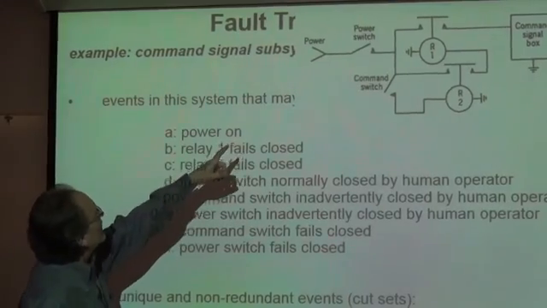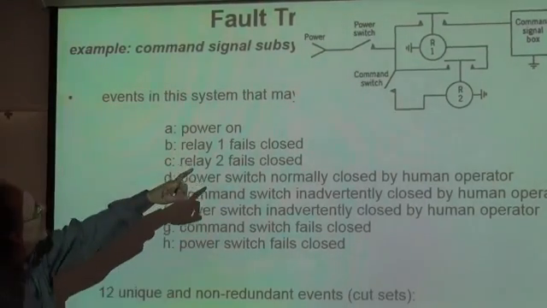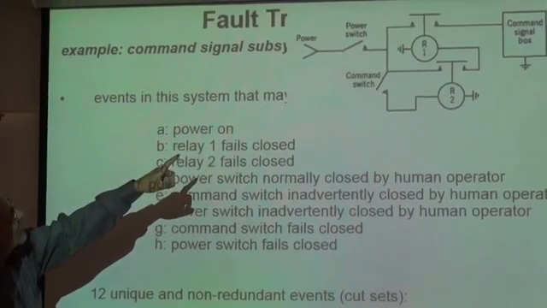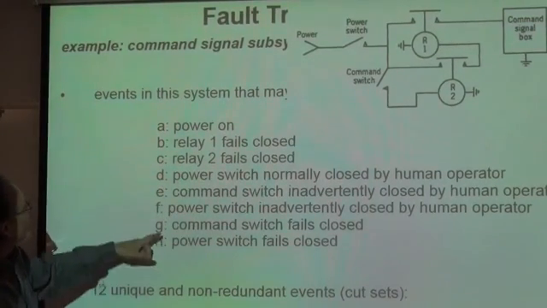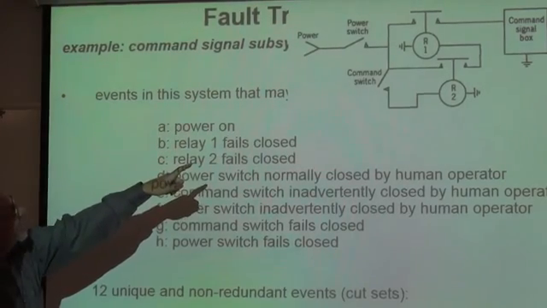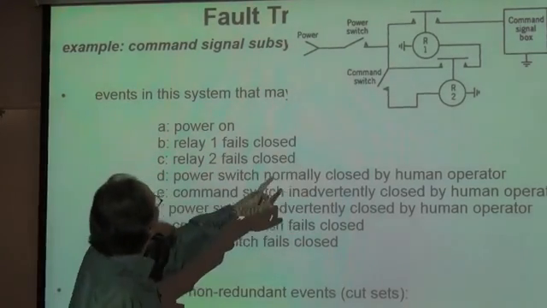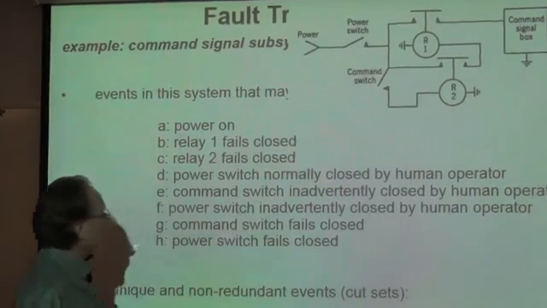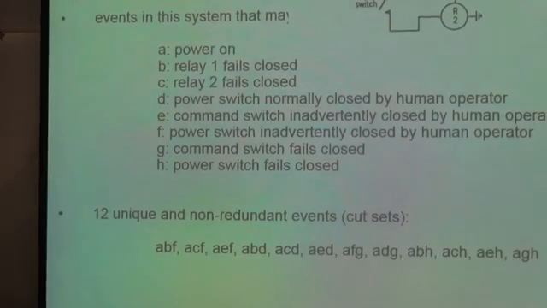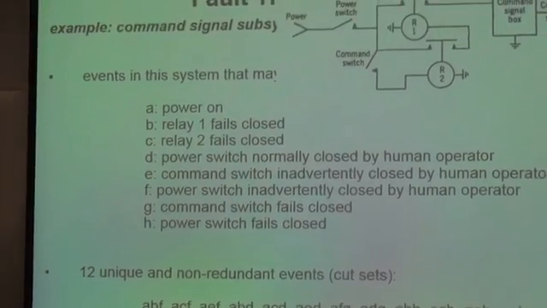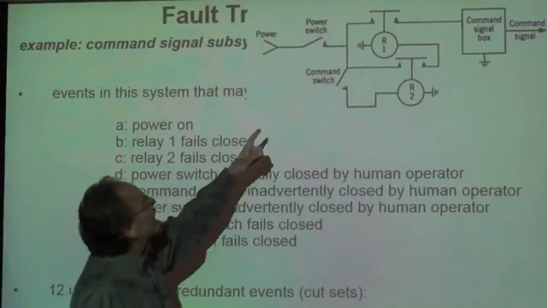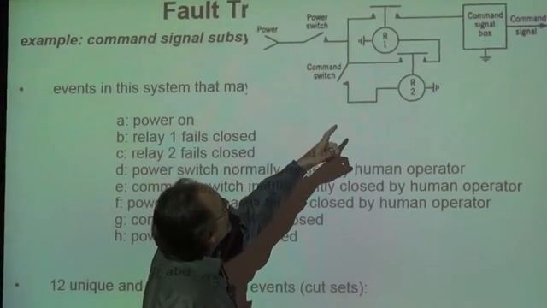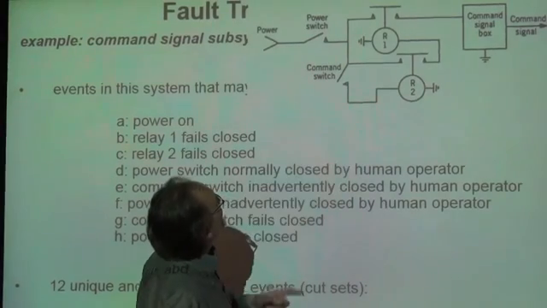A, the power switch is on. B, the relay 1 fails closed, so that closes that circuit. And F, the power switch is inadvertently closed. Power's on, power switch is closed, relay 1 fails closed, and that is sufficient for an inadvertent command signal. Because if that fails closed, it doesn't matter what the command switch is doing, it will complete the circuit and send a command signal.